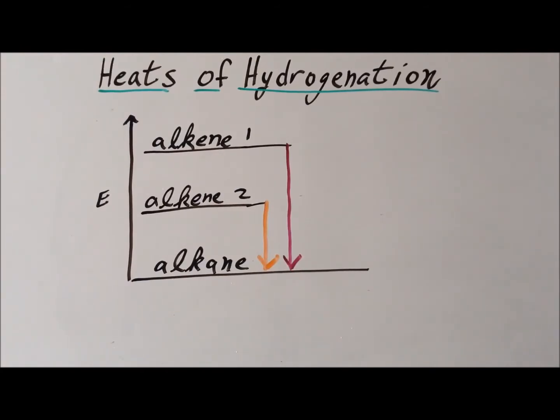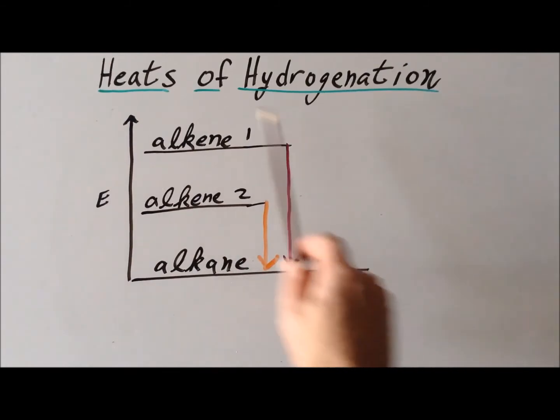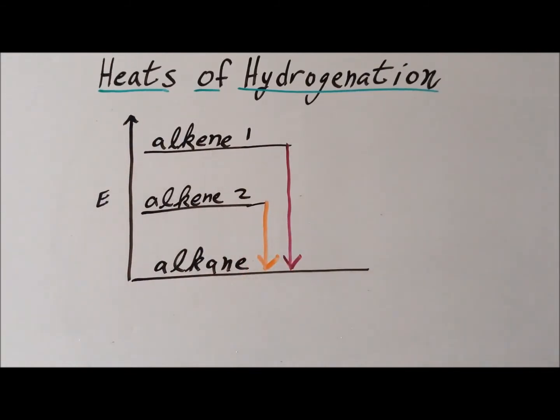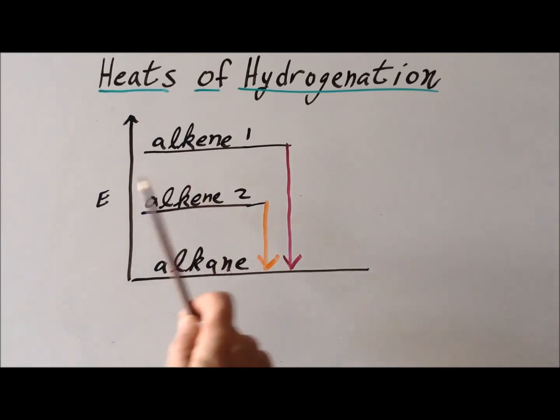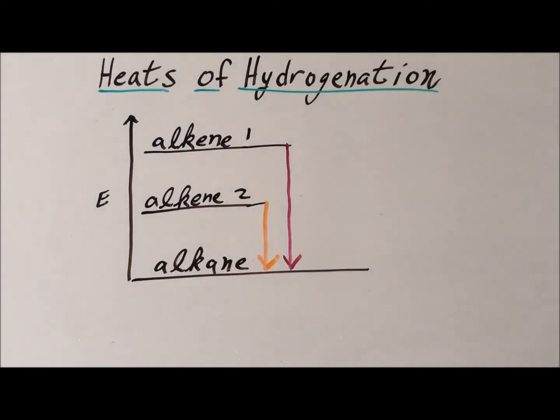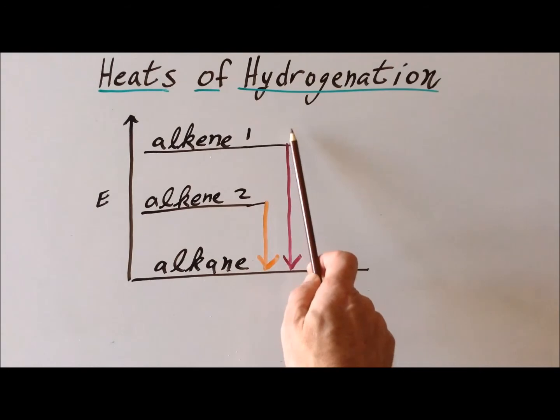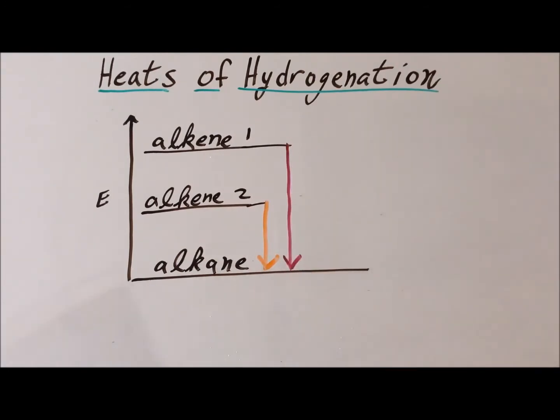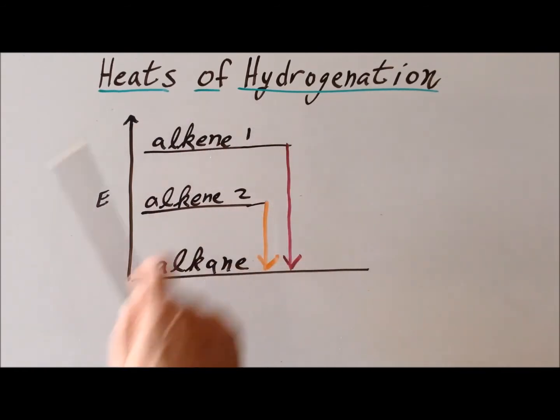So we can visualize this just in terms of gravity if we wanted to see the picture in more concrete terms. We can see that since alkene number 2 is closer to the ground, it has a shorter distance to fall, therefore it is more stable. And when alkene 2 hits the ground, it will hit with less force than if alkene number 1 falls to the ground through a greater distance, and it will strike the ground with a greater force because it is higher up, it is in a less stable position.